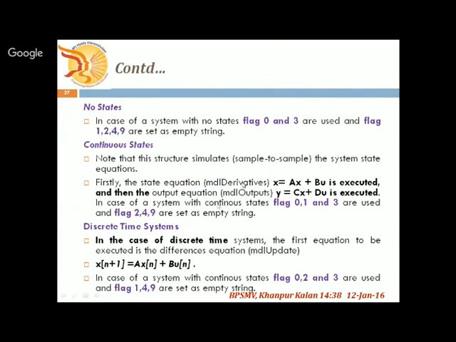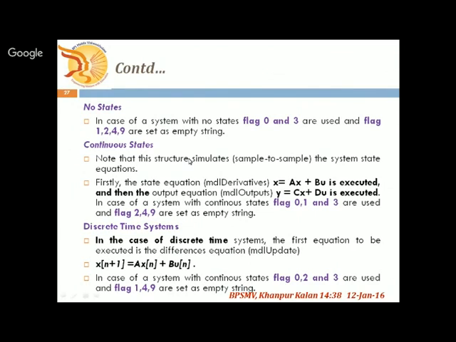In case of a system with no state, no continuous state and no discrete state, flags 0 and 3 are used. Flag value 0 is for initialization, flag value 3 is for computing output, and flags 1, 2, 4, 9 are set as empty.